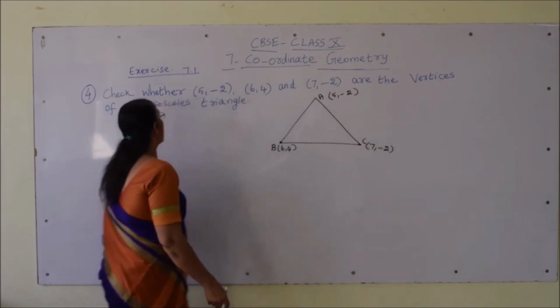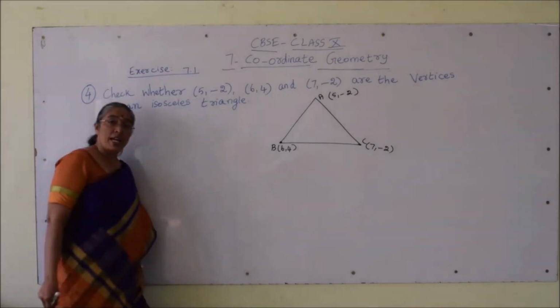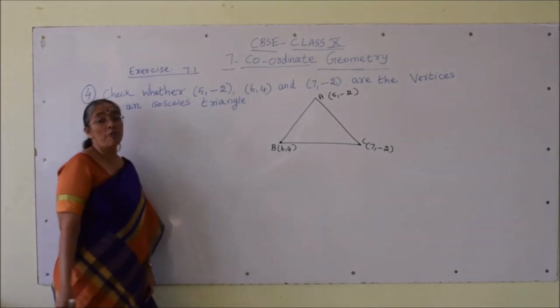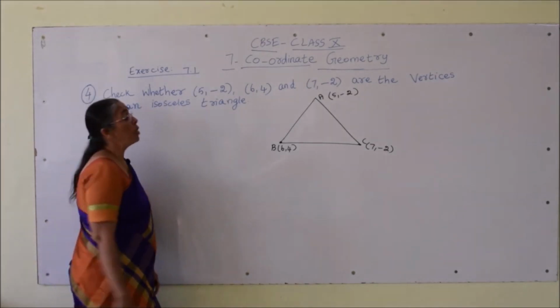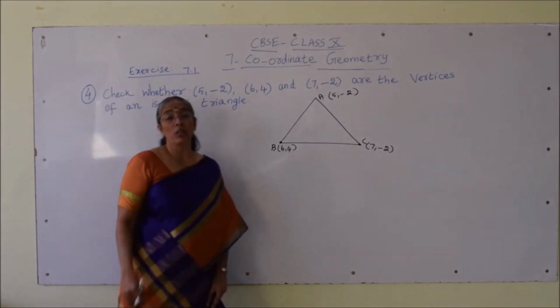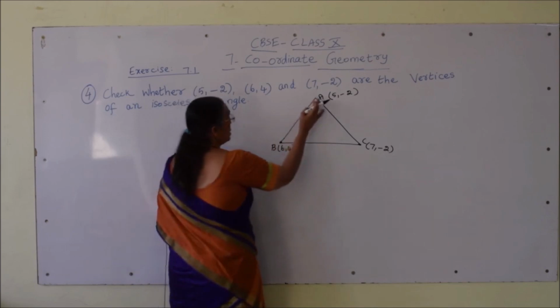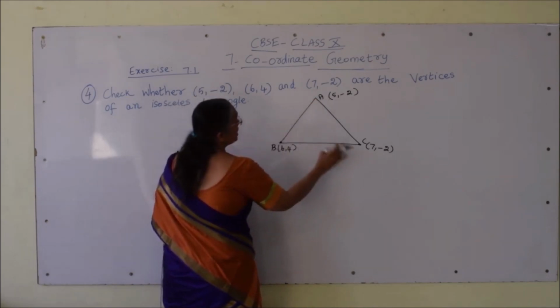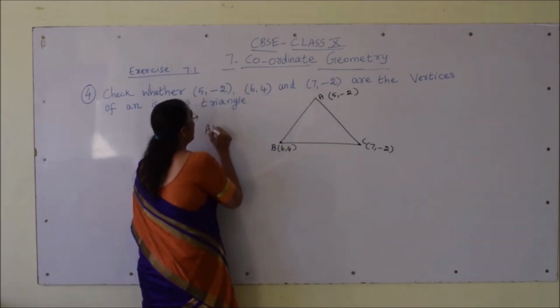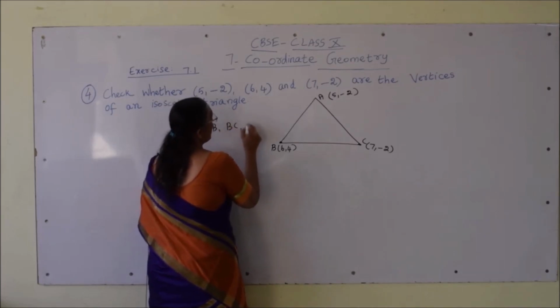So, what do you mean by an isosceles triangle? A triangle in which any two of its sides or any two angles are equal, then we will call the triangle an isosceles triangle. So, using the distance formula, we can find the distances AB, BC and AC.